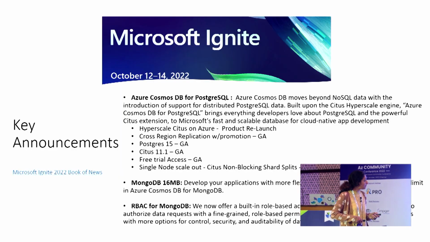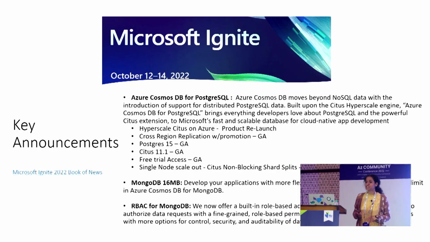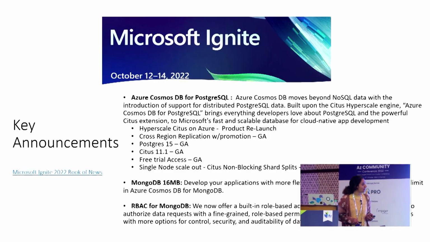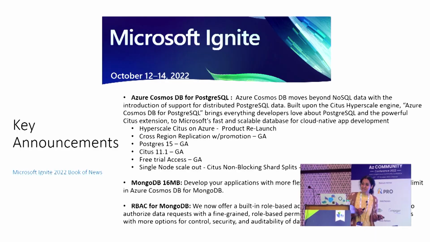It is a GA product today where you can have open source relational database workloads, with the ability to scale, like sharding a Postgres database across nodes, and also have cross-region replicas, and a gap of 2 weeks to catch up with the latest PG release is a promise of this component.